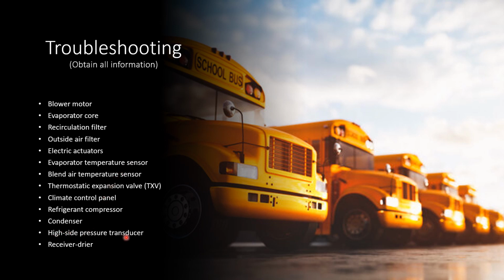This one has a high pressure transducer. So regardless of the system, that Freightliner or Thomas school bus service manual or troubleshooting manual is going to help you get an understanding of what you're going to need to look for in a system. So first thing I'm going to do is obtain all the information in regards to the system that I'm working on.